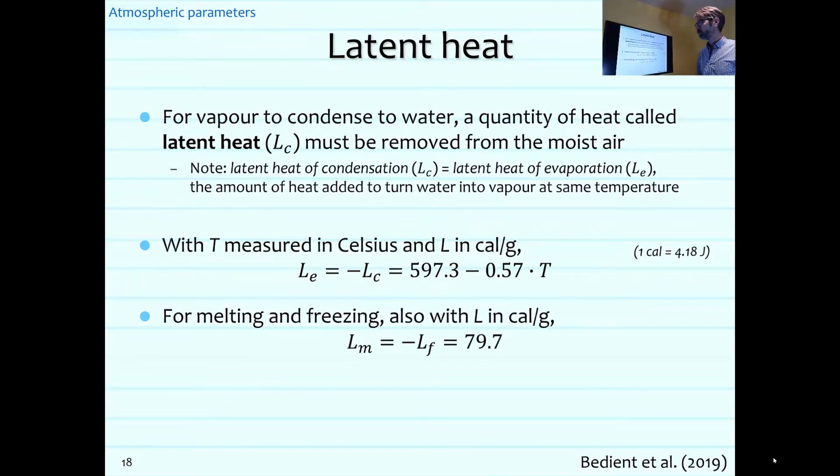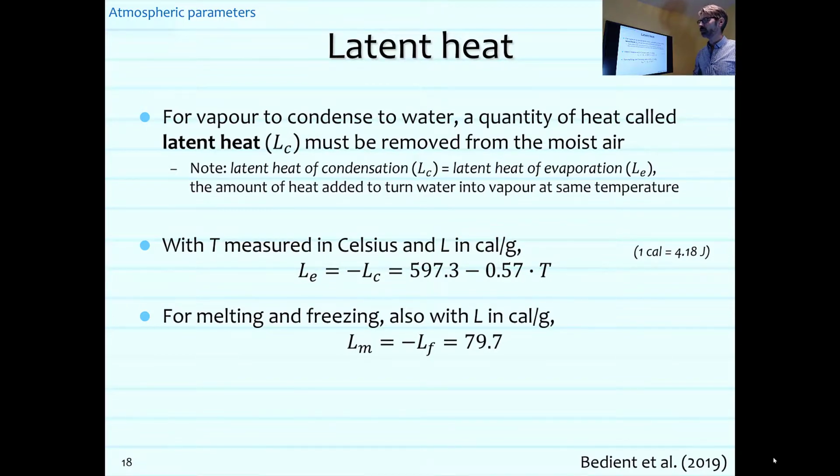There are two important equations for latent heat. The first relates to the latent heat of evaporation and condensation, and it's simply 597.3 minus 0.57 times the temperature, where the temperature is given in degrees Celsius.